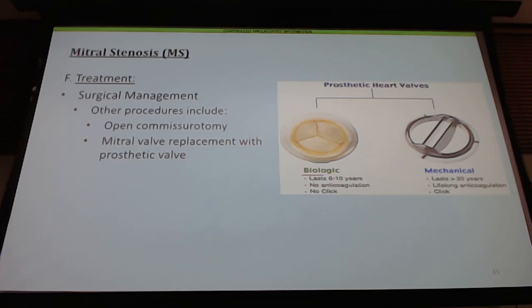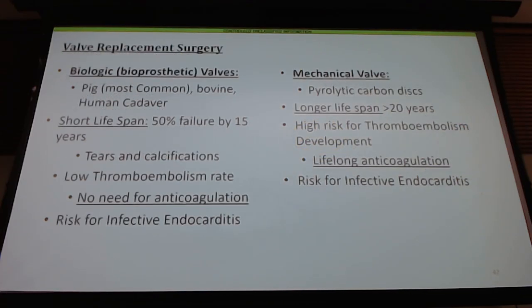So that would be a biologic heart valve. Or I could just use a synthetic mechanical kind of thing, where I'm using like carbon-based materials, and now I have this truly kind of synthetic valve that I can put in instead.